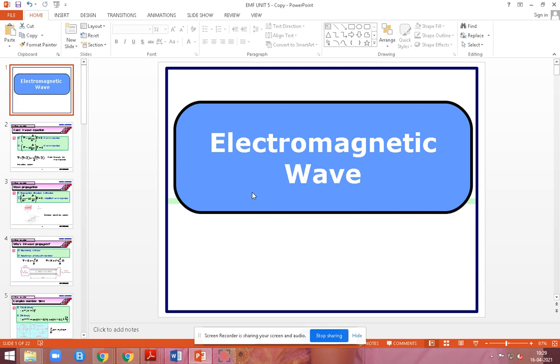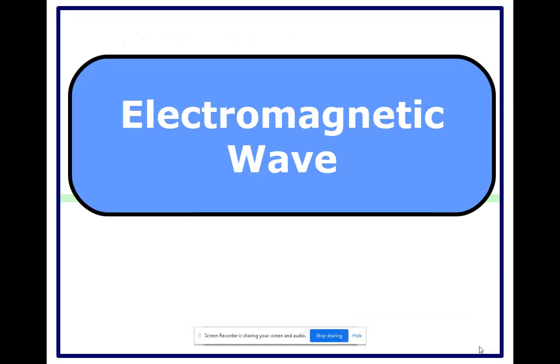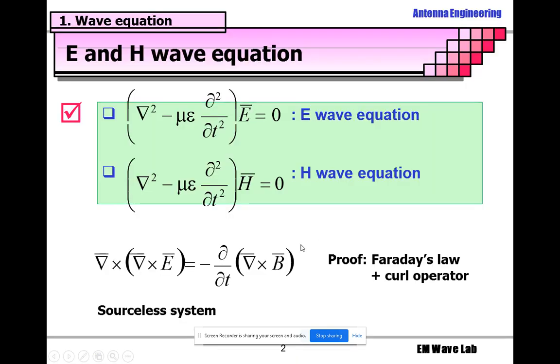So today we will be seeing the general points of electromagnetic waves, the plane electromagnetic wave. We already studied the wave equation in the last chapter itself. Electric field and magnetic field wave equation.